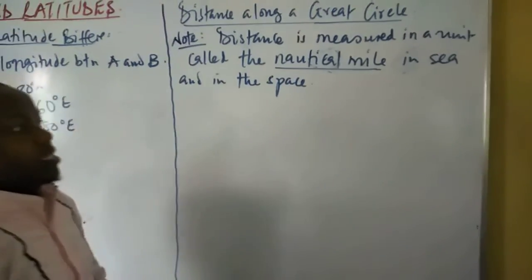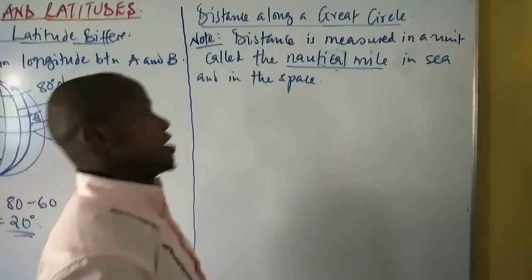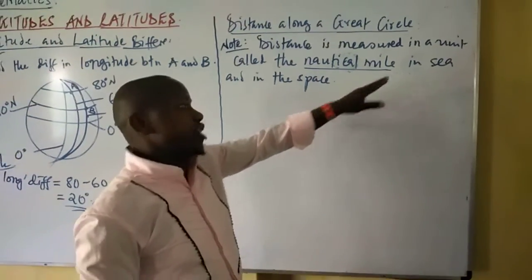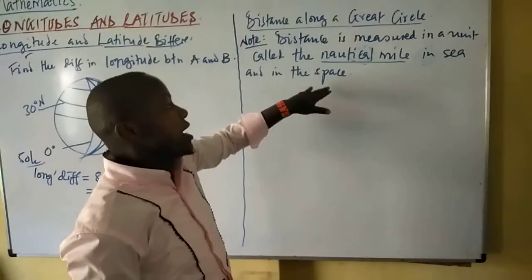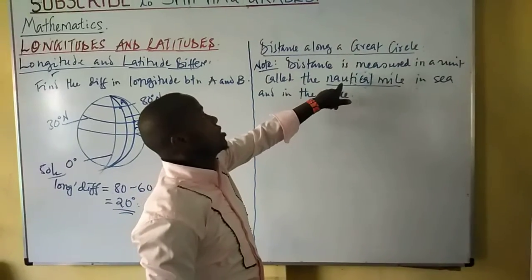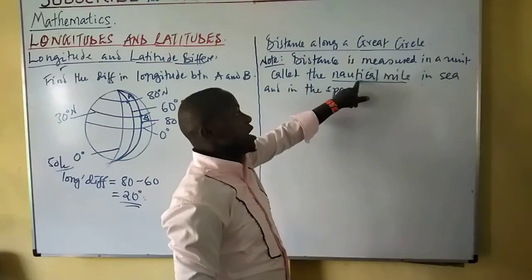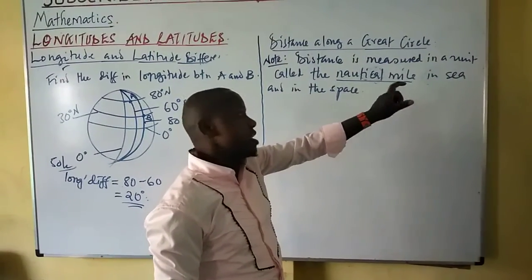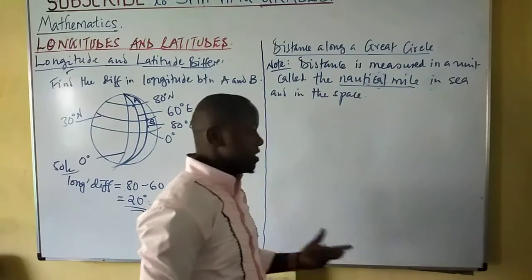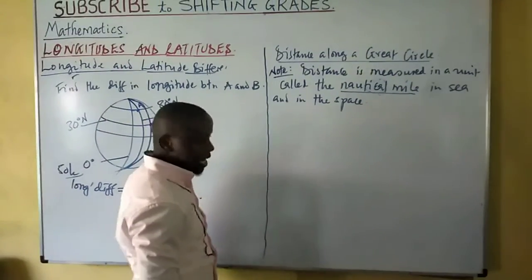Therefore, for us to get the distance which has been traveled by a ship or by an aeroplane, we use some units called nautical miles, though they have a relationship with the meter and the kilometer for that matter.